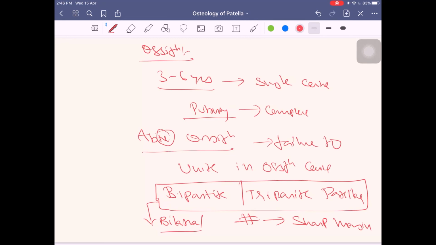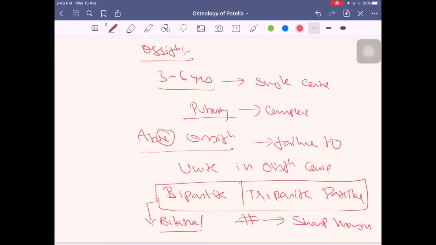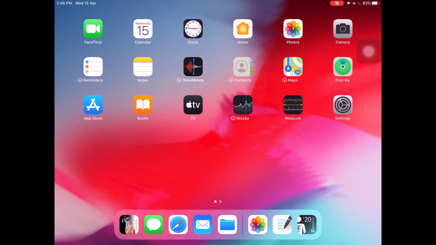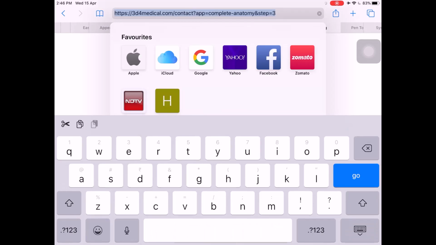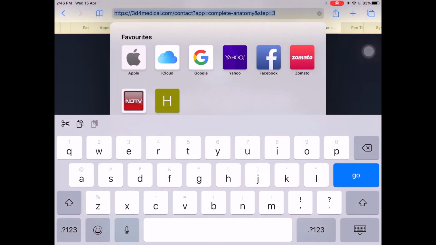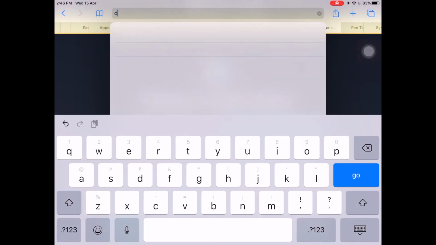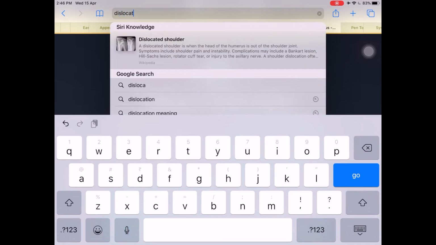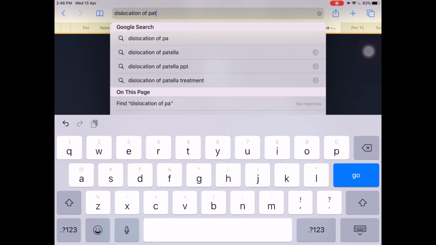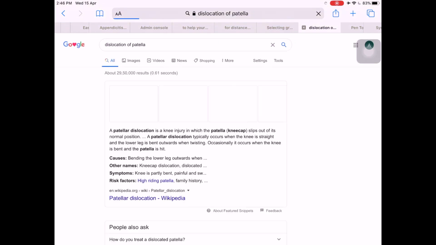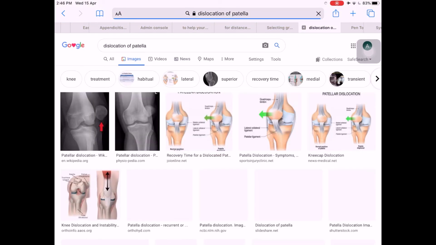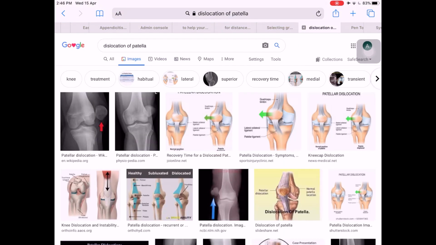So let us see the images of these which I told. First I wanted you to see the dislocated patella. Here there are many images.